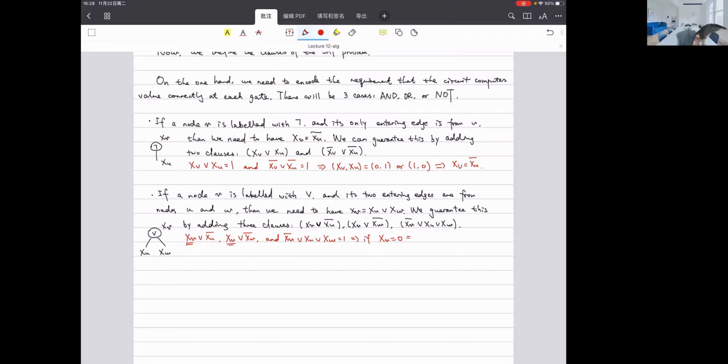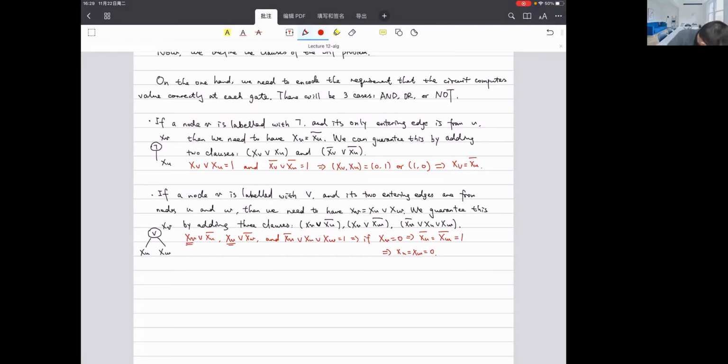So this is just going to imply that not XU and not XW must equal 1, and this is actually going to imply that XU equals XW equals 0. So this satisfies the case that we want, basically XV equals XU or XW here. So basically they satisfy what we need.